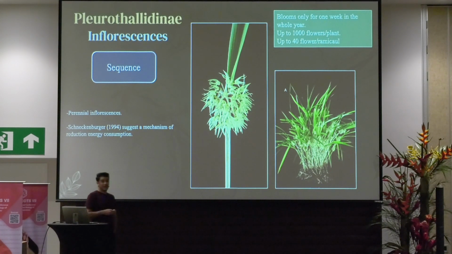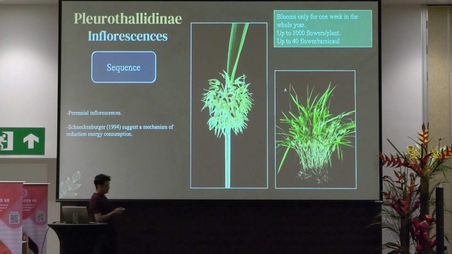This type of inflorescence has been called perennial inflorescence because the plant is able to use the same inflorescence to continually produce flowers over several years instead of producing new sympodial units, and this is suggested to be a mechanism to reduce energy consumption in the plant.